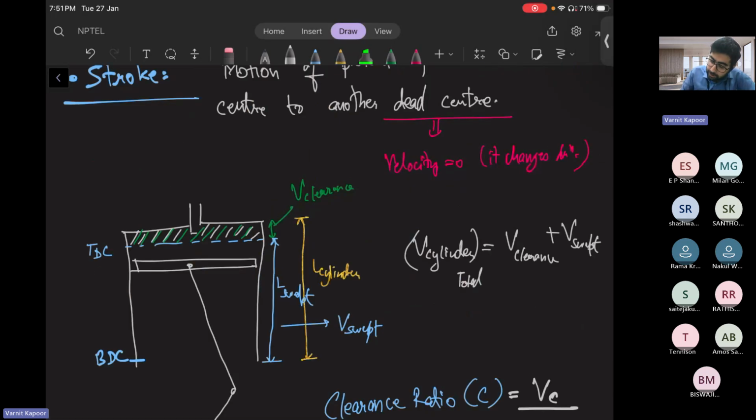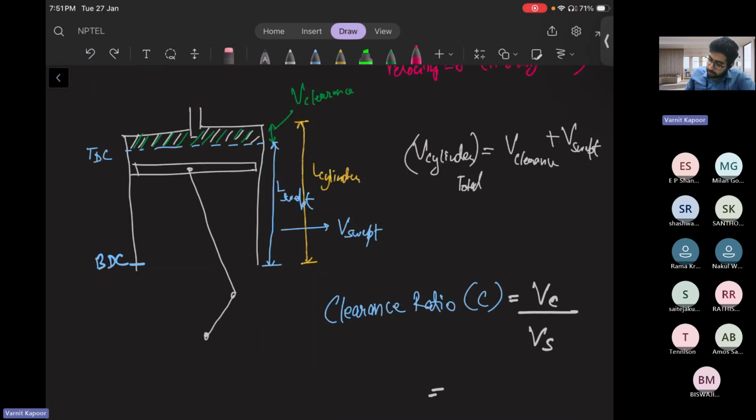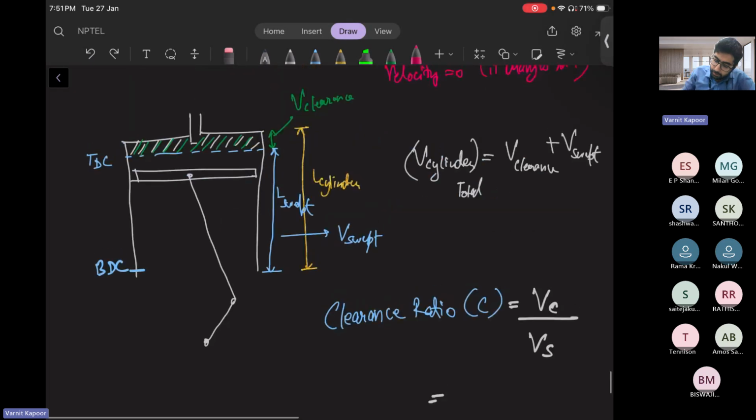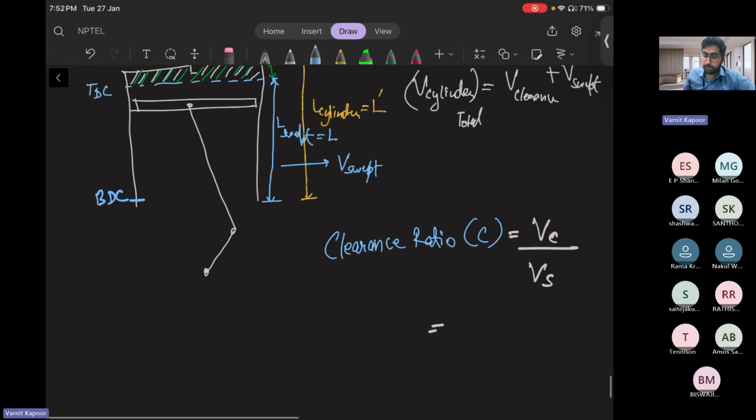If I say this is L swept, L, and L dash is your L cylinder, if I notate that.